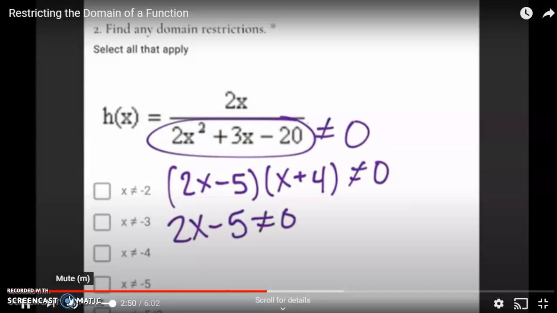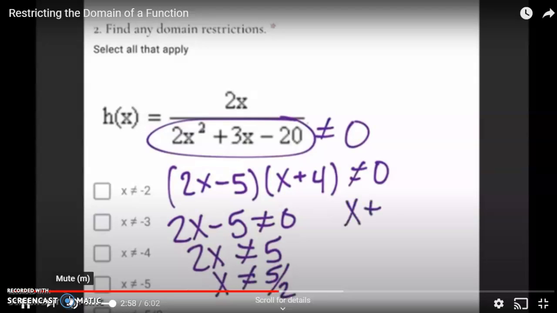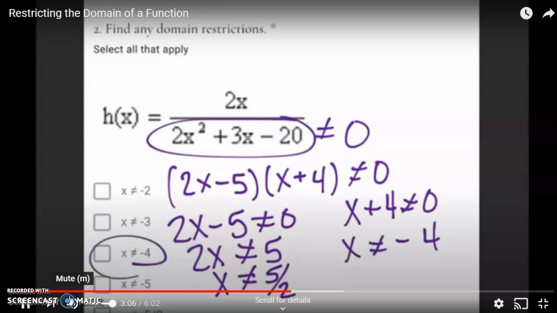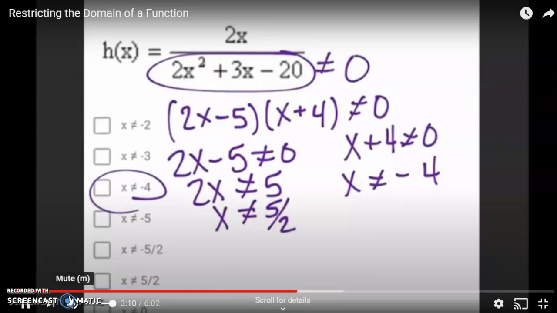We're going to show that each factor is not equal to 0. So 2x minus 5 is not equal to 0, so x does not equal 5 halves. Because if x equaled 5 halves, then my denominator would be 0. And if x equaled -4, then my denominator would be 0, and we do not want a 0 denominator.